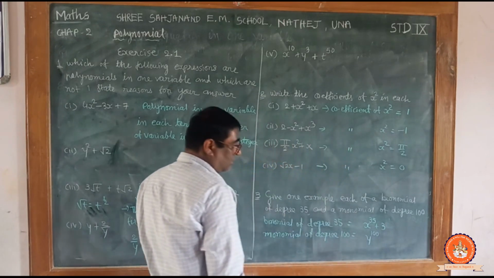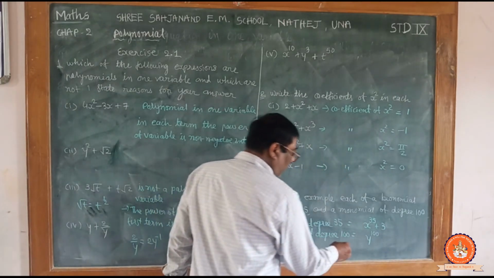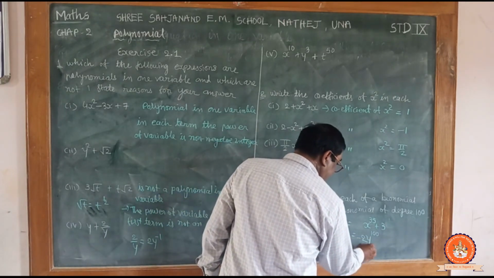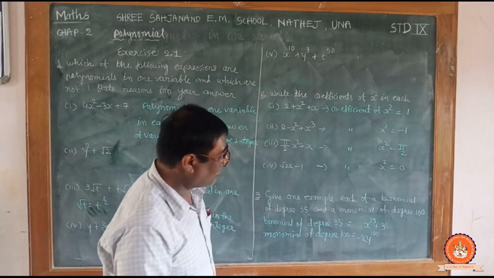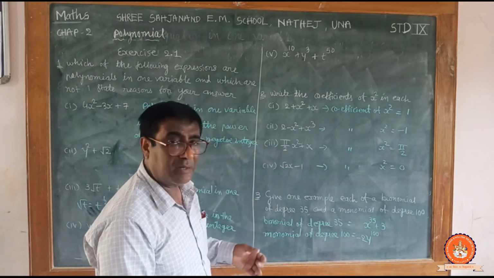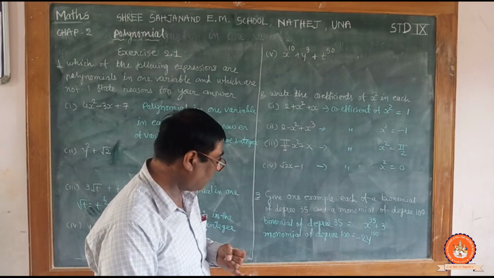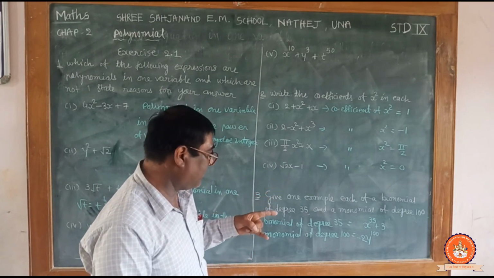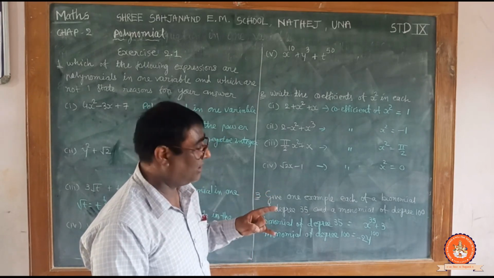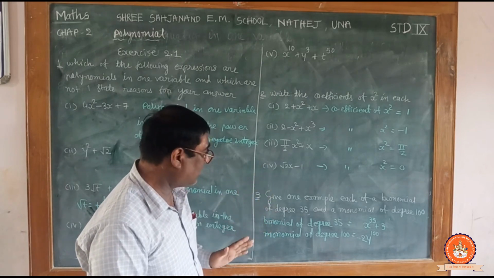So y raised to 100. Now you can write any coefficient, for example -2y raised to 100. This is a monomial, meaning a polynomial with one term, and degree 100 means the power of the variable must be 100. So these are the examples.